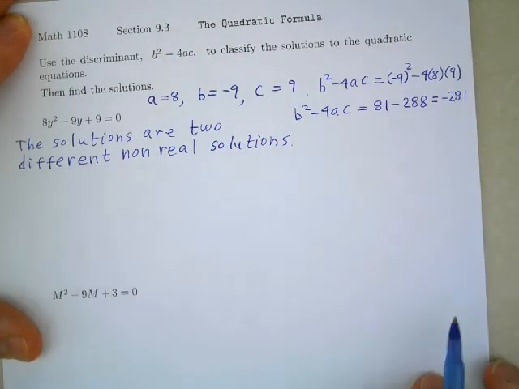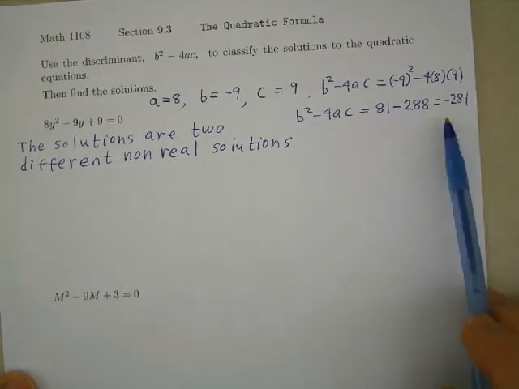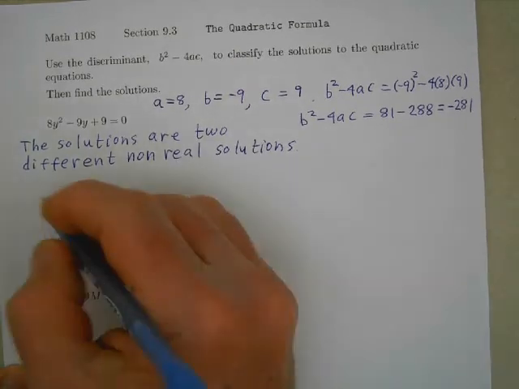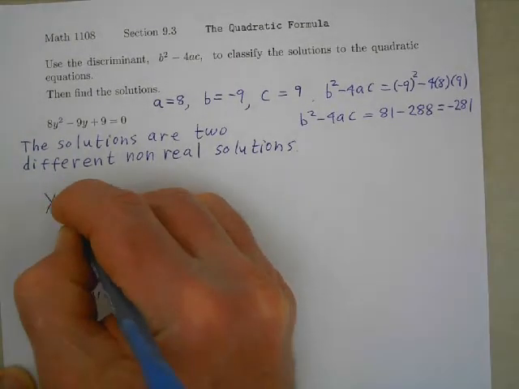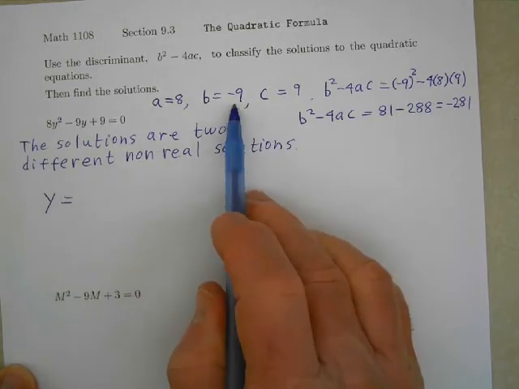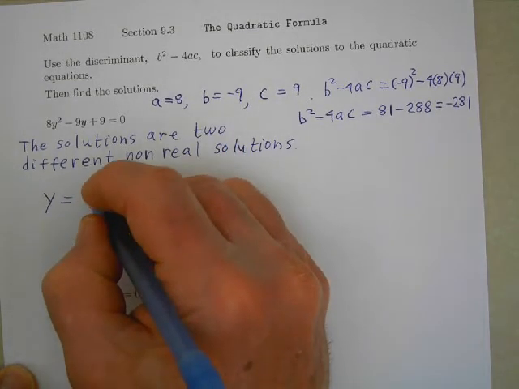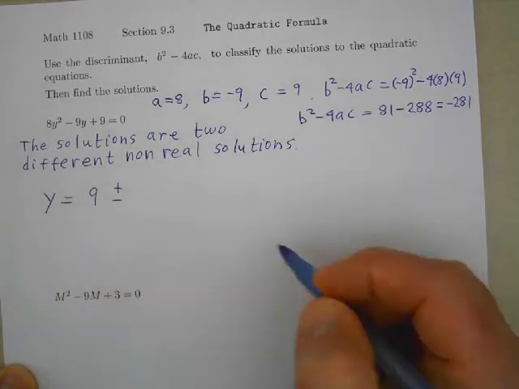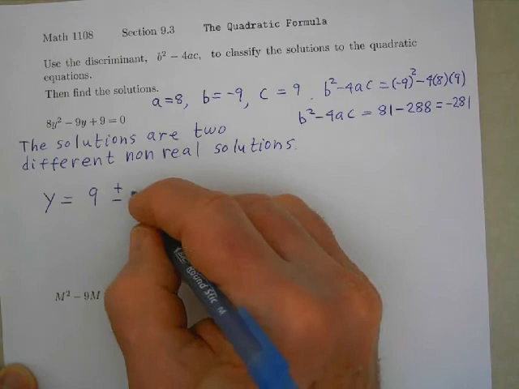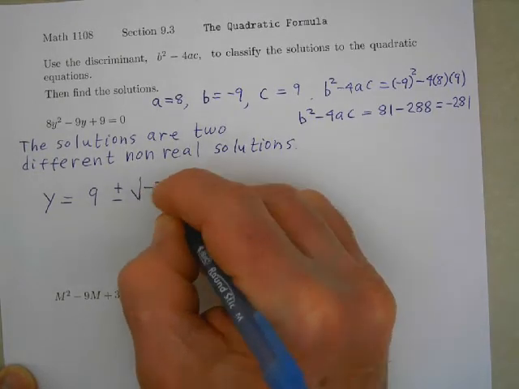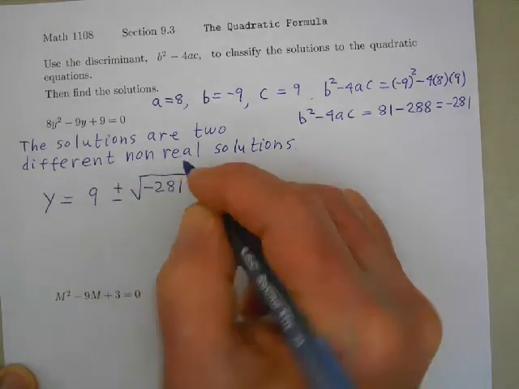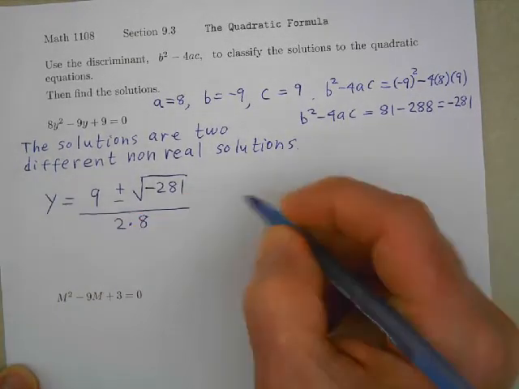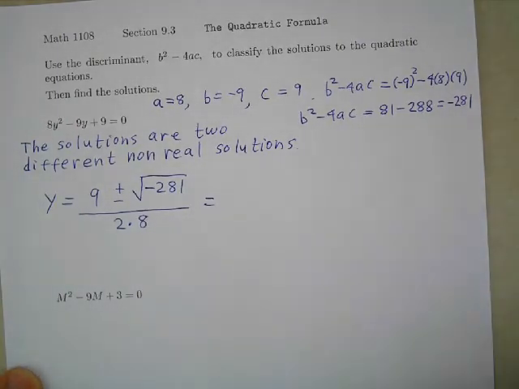Well, we can write down the solutions. We already did some of the hard work by finding the discriminant. So y is equal to the negative of negative 9, which is just positive 9, plus and minus the square root of the discriminant. The discriminant is negative 281. And then this is all divided by 2 times 8. So we'll take it one step further.